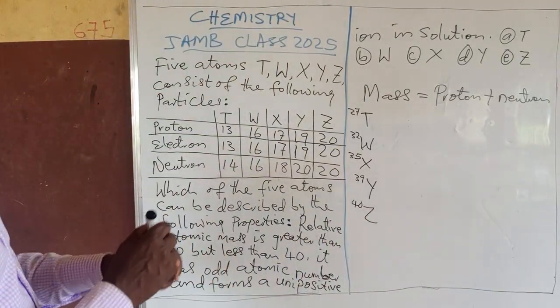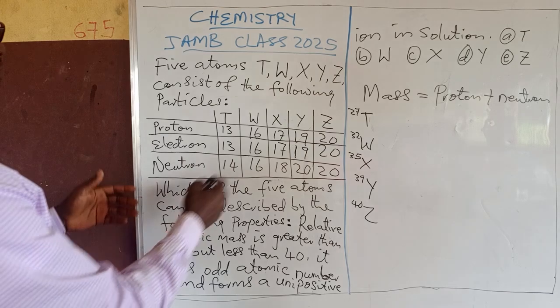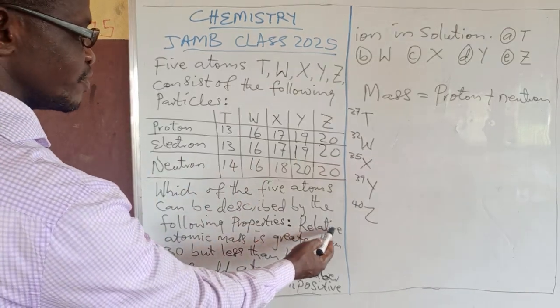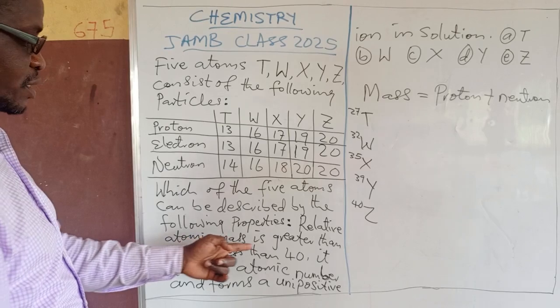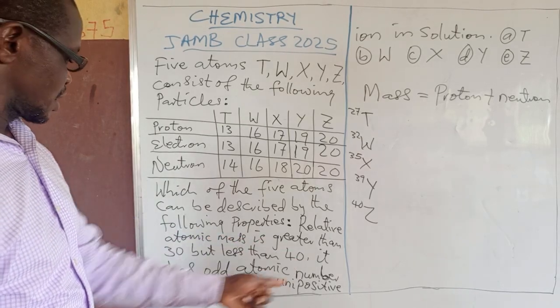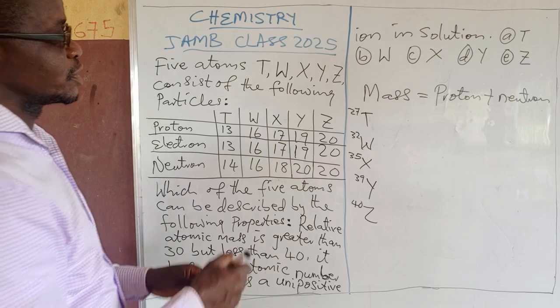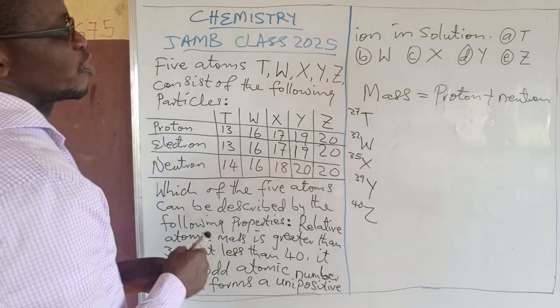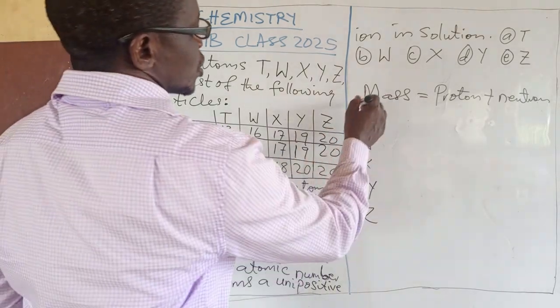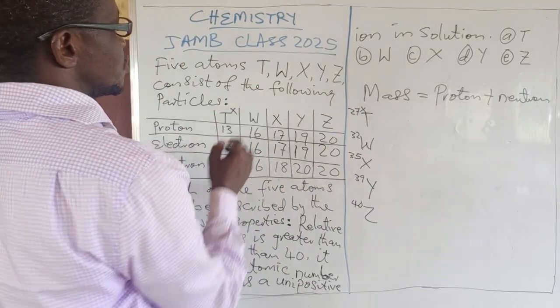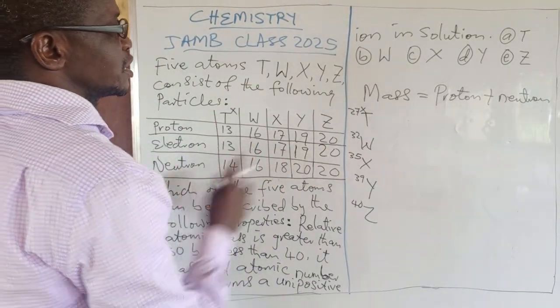Okay, you have seen their masses. Which of them has relative atomic mass above 30 but less than 40? So check from here. Which one is above 30 and this one is not up to 30? So you cancel it. Your mind should not go to T again. You have cancelled T from your mind.